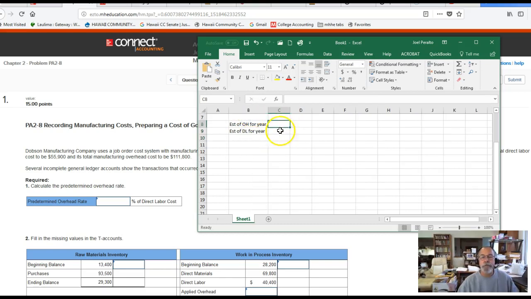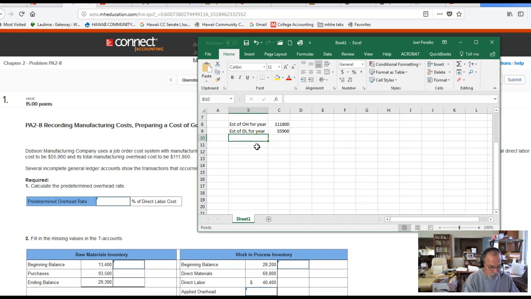And those amounts are $111,800 for overhead and $55,900 for direct labor. And so the rate is based on that ratio, dividing one by the other.